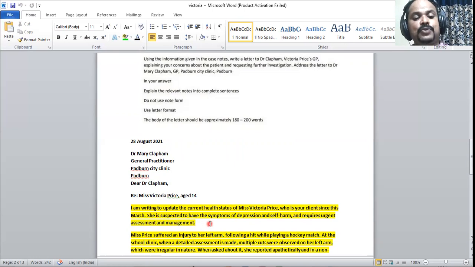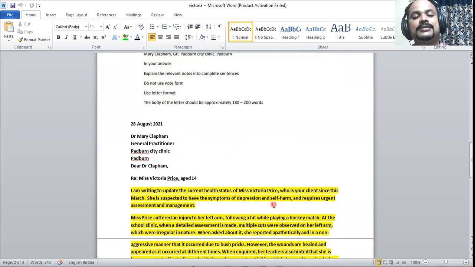She is suspected to have the symptoms of depression and self-harm and requires urgent assessment and management. Okay, now she is suspected to have, we have not confirmed, suspected to have the symptoms of depression.